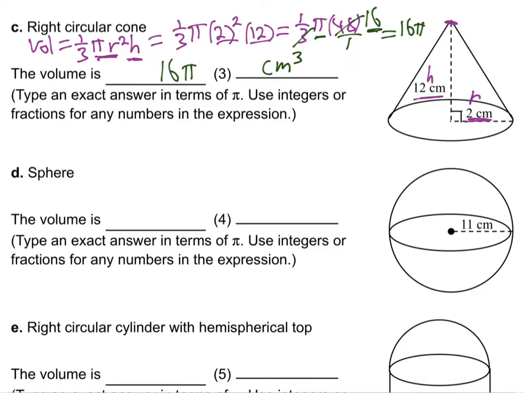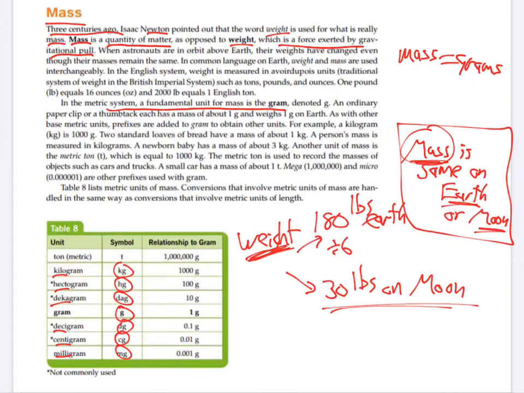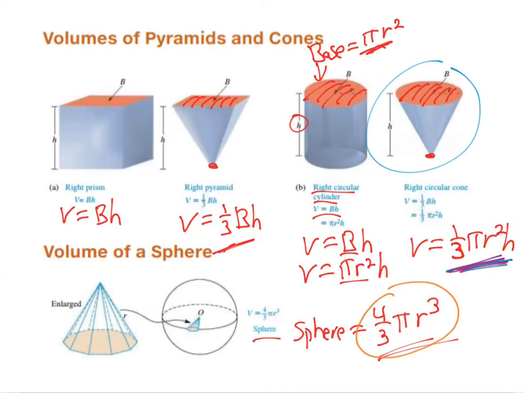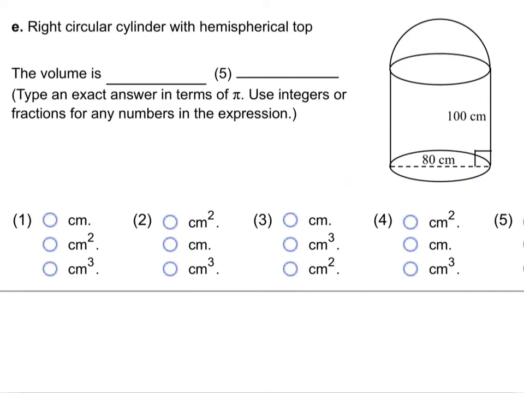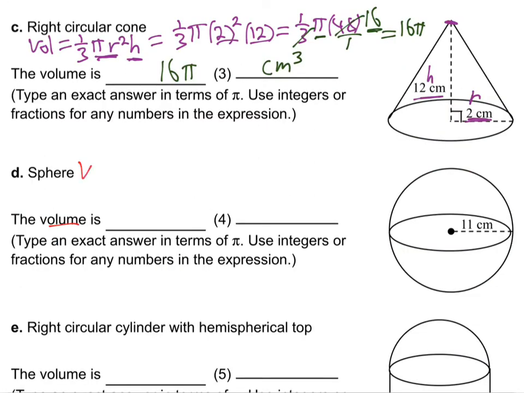How about the sphere down here on part D? Formula for the volume of a sphere. Go back here. There it is, 4/3 pi r cubed. So the volume equals 4/3 pi r cubed.